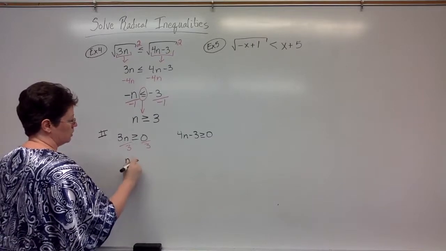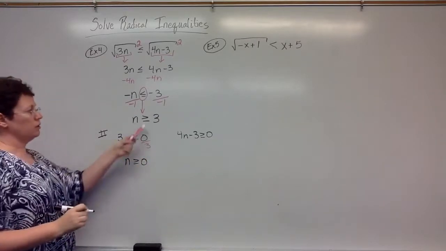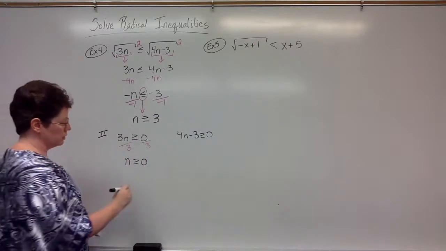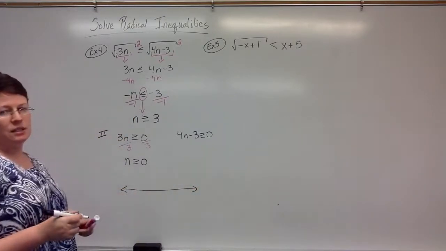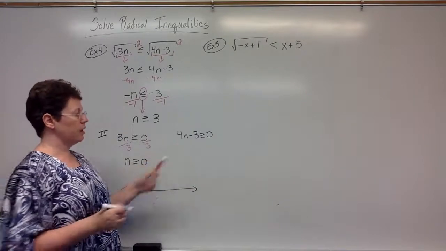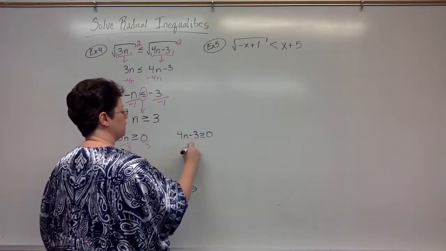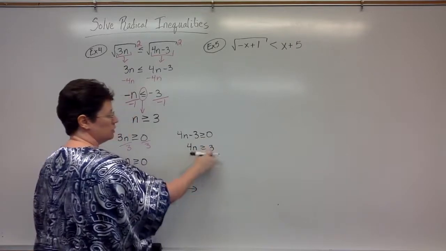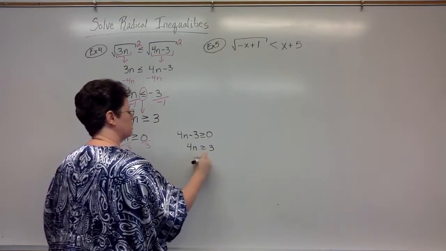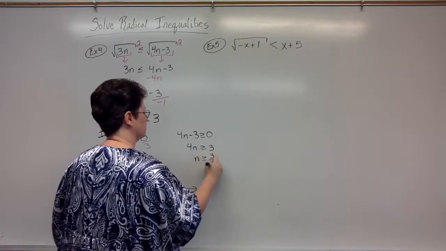So n is greater than or equal to 0. Notice both of these point in the same direction. So yes, on my number line, it's going to be okay. Now, move the 3. So we have 4n, and we add that. Greater than or equal to 3, divide by 4. n is greater than or equal to 3/4.